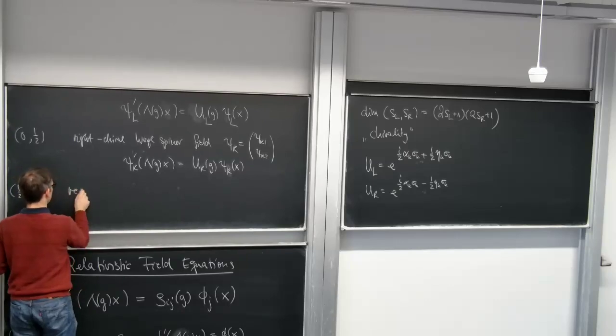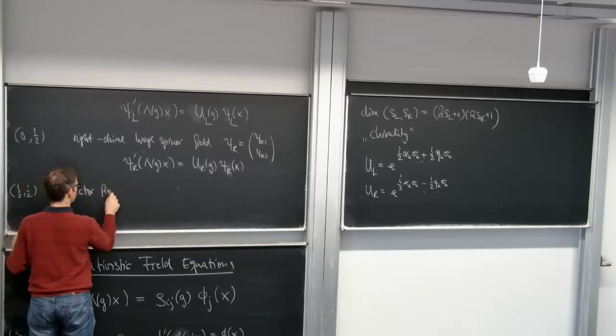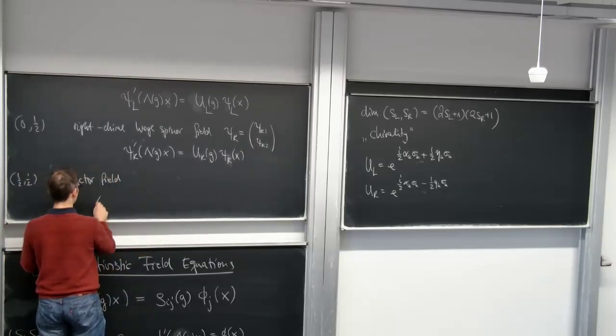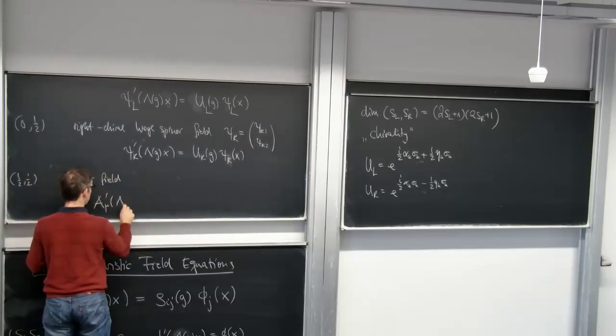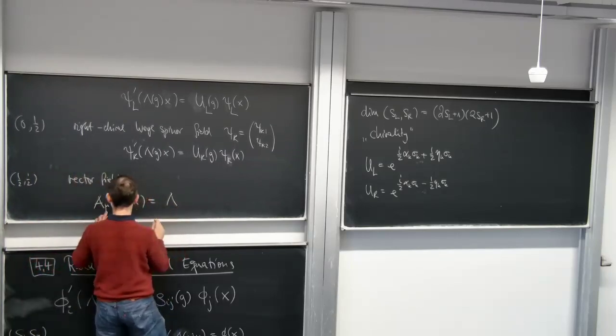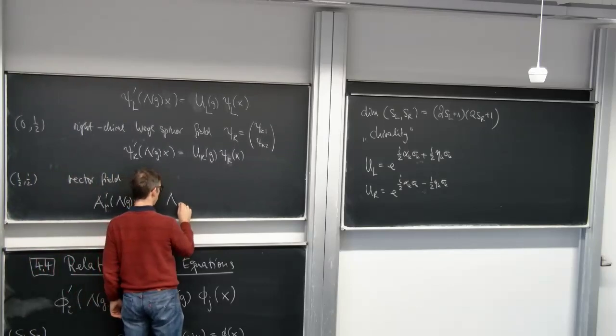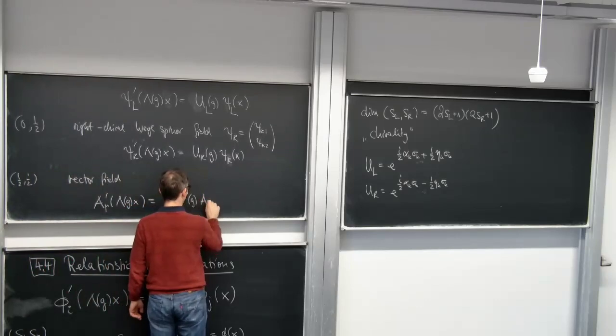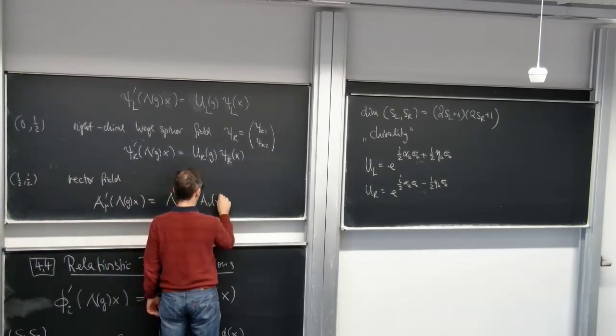And then the 1/2. This is a vector field, A mu. This transforms as A mu prime of x equals the Lorentz transformation for the lower index, for the covariant one, times A mu of x.